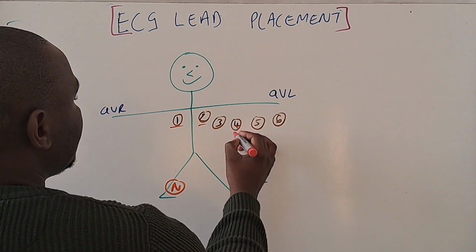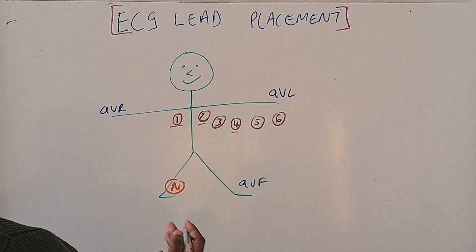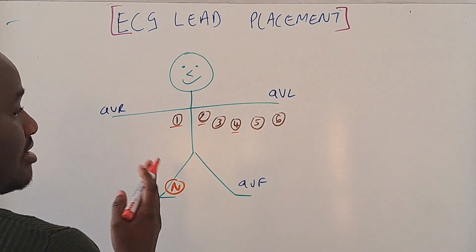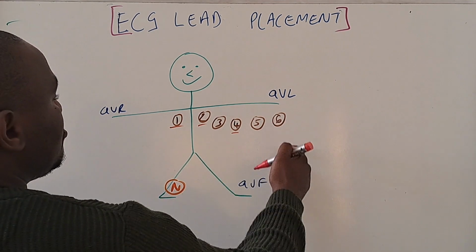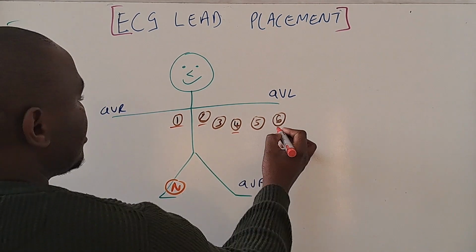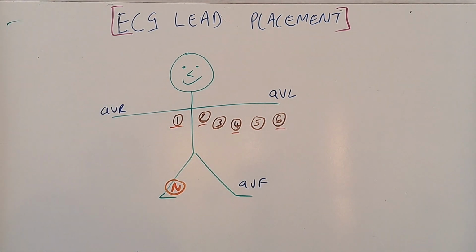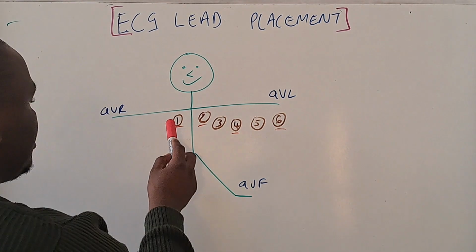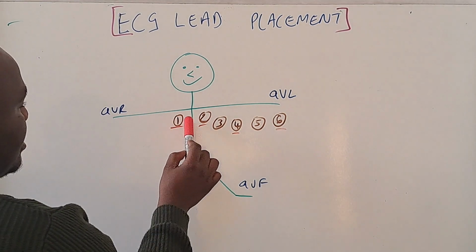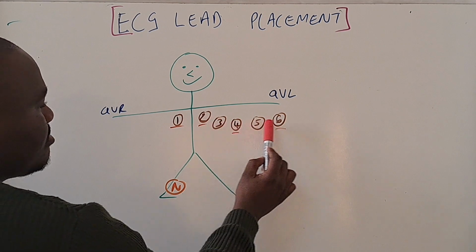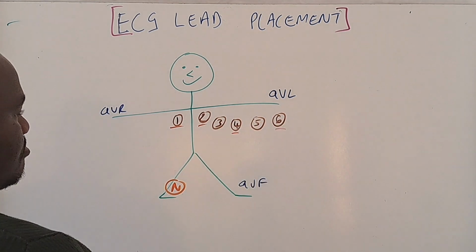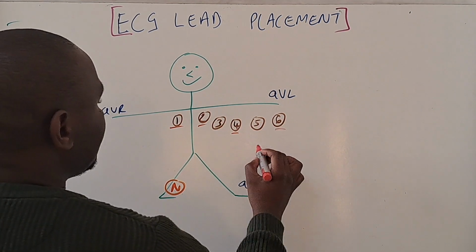And then you locate your mid-clavicular line, then you put your V4, but in the fifth intercostal. Then you locate your mid-axillary, you put your V6. And if you look at the shape, the pattern of the way they are placed, it goes like this, with just a small dip, a smooth kind of curve, something like this.